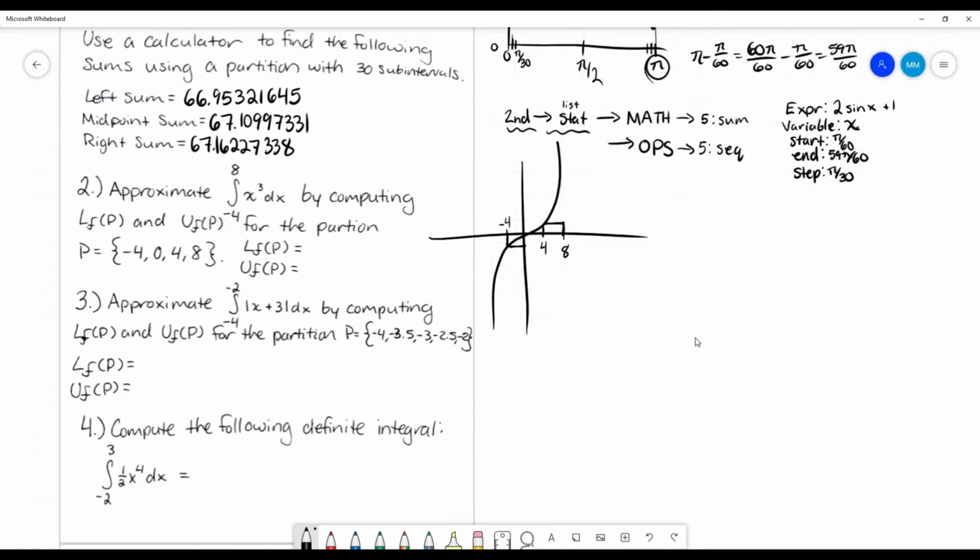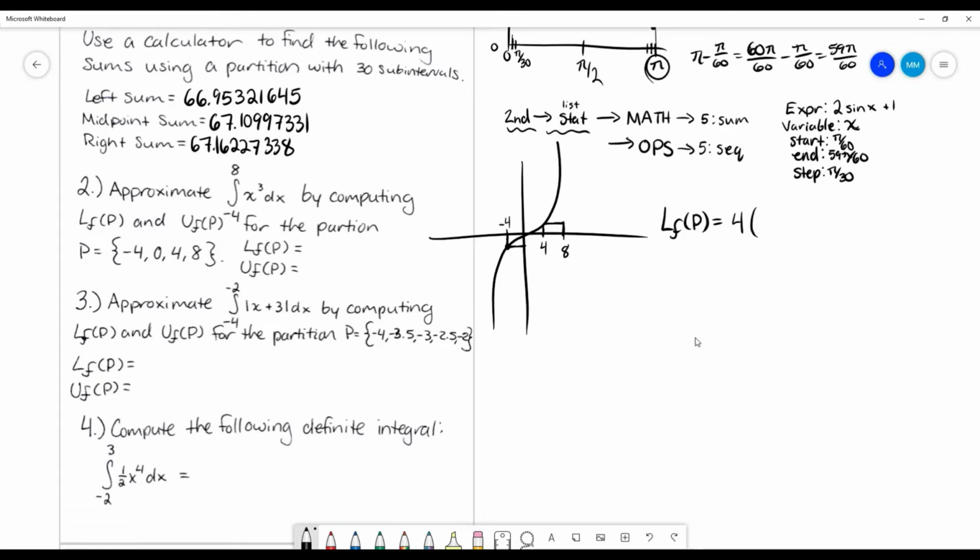So our lower sum is going to be, well, this is a distance of 4. Well, they're all a distance of 4, so we can factor that out. So 4 times this height, which is whatever negative 4 plugged into x cubed is going to be.